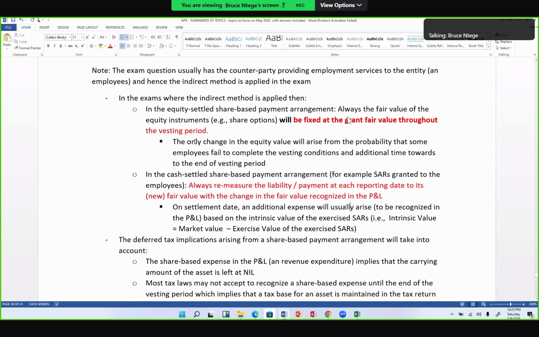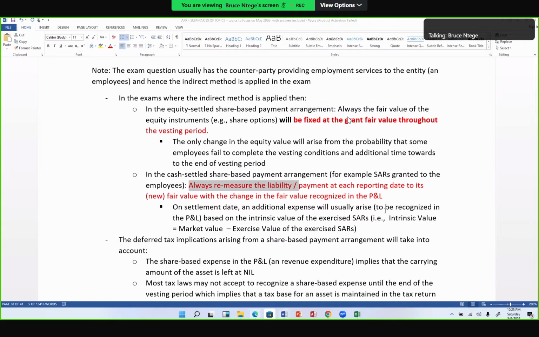Equity settled, always maintain the fixed price of grant date across the years, the vesting period. But if the question is cash settled, now don't maintain fixed price of grant date. That one keeps changing. If you see the scenario, we kept changing so we didn't use 20,000, which was on grant date. We remeasured at every end of the year, there's a new value.